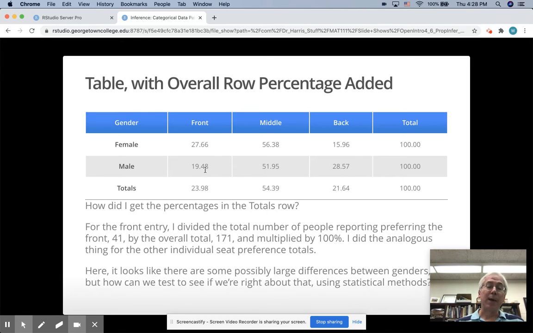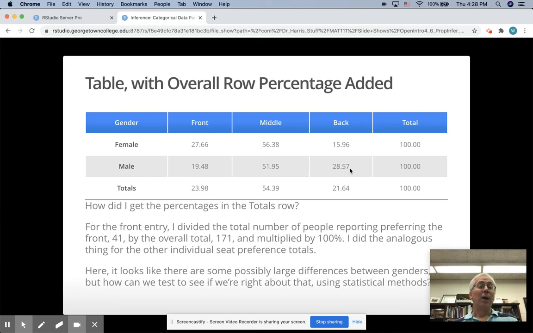And so we would expect that both rows should look kind of like 24, 54 and a half, 21 and a half. We got 27 and a half, 56 and a half, 16 for the women, 19 and a half, 52, 28 and a half for the men.